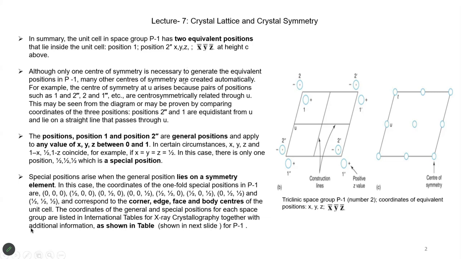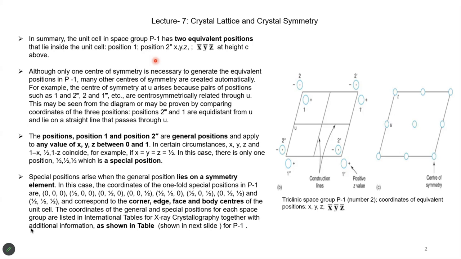Here we show that there is a center of inversion in this place. Let me take the screen pointer. And this is the equivalent position, space element, that there is a center of symmetry, which has been shown in this open circle.